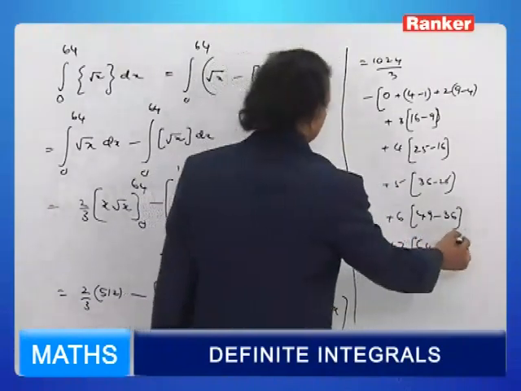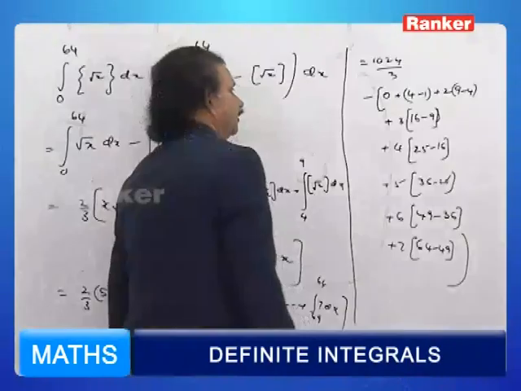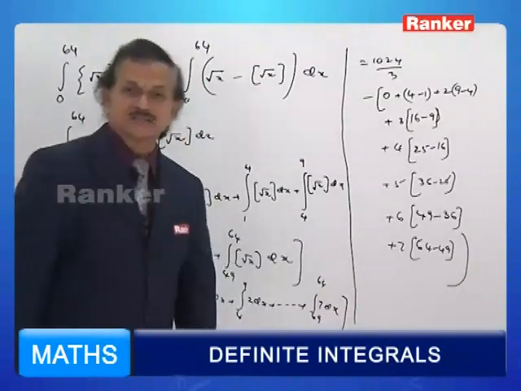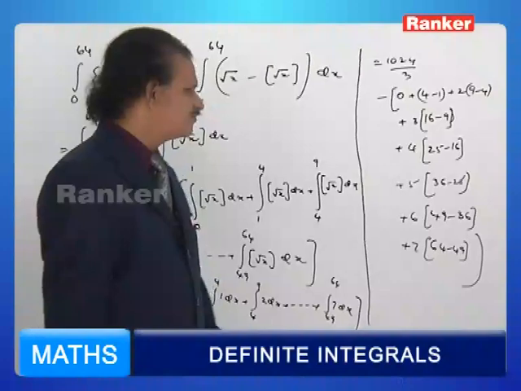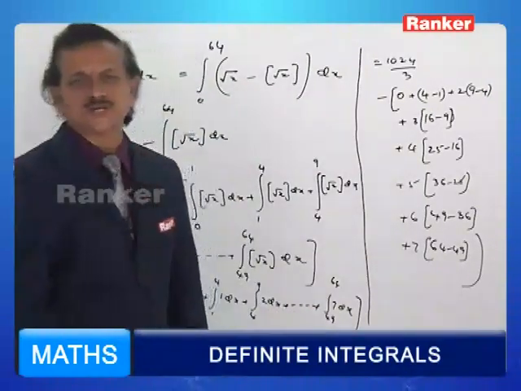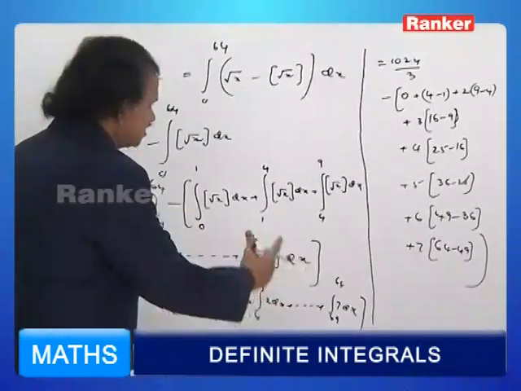This is the answer. 1024 by 3 minus etc. etc. And the thing remaining is after all a numerical calculation, you can easily do that. This is the process of getting it.